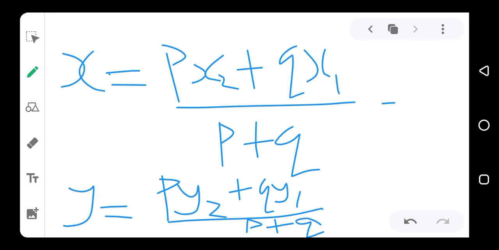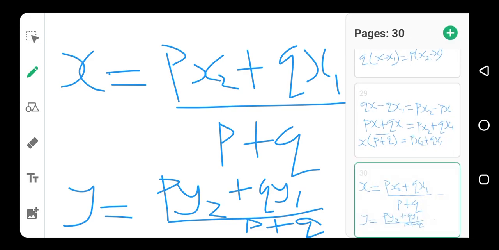So we use this for x and we use this for y. That will give us the coordinates of x and y at the point that divides the line in a given ratio. The ratio is p and q.